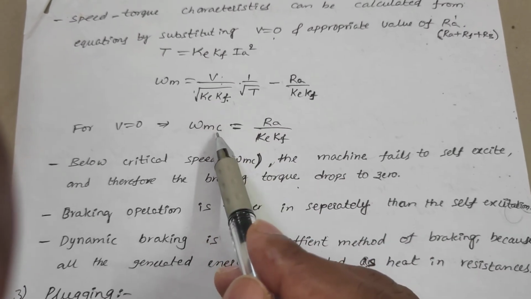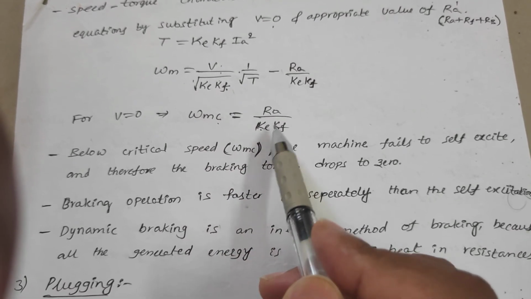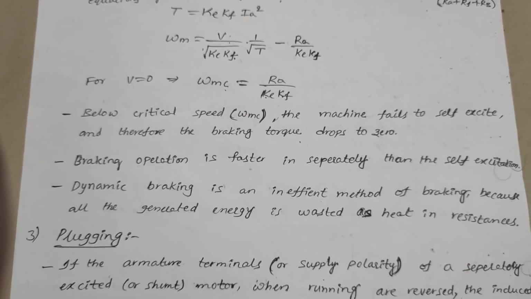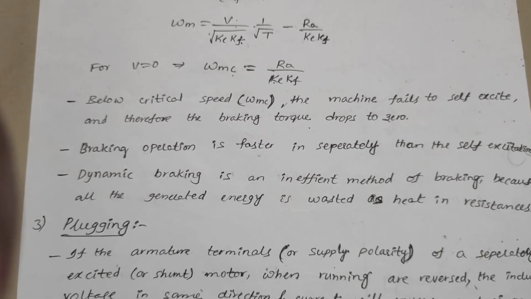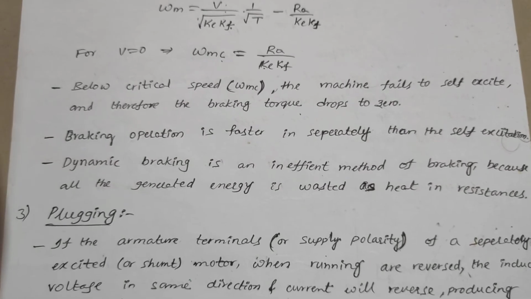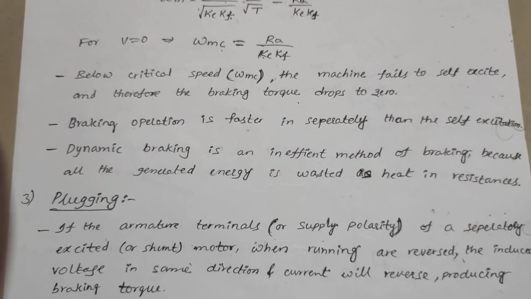By that we will get the critical speed, that is Ra by Ke Kf. So below the critical speed, the machine fails to self-excite. Therefore, the braking torque drops to 0. Generally this braking operation is faster in a separately excited motor compared to self-excitation.